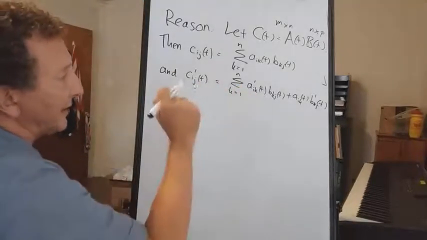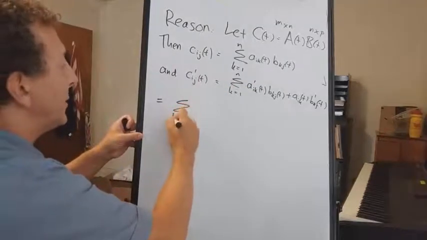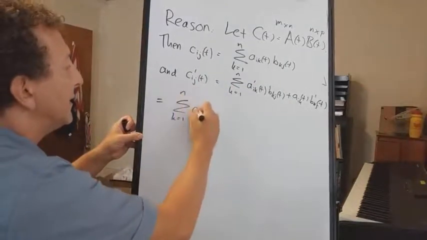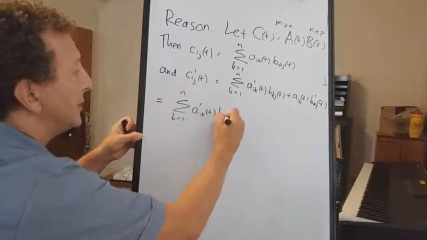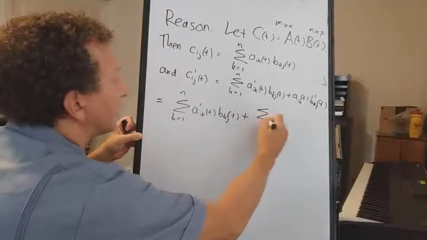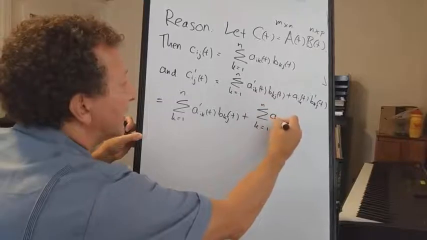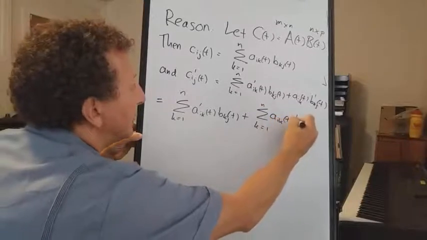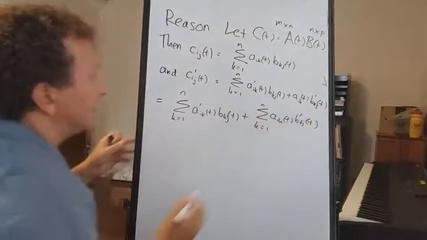Now we're just adding things, so I can write this summation twice. I can write the sum as k goes from 1 to n, a prime ik of t, b kj of t, plus the sum as k goes from 1 to n, a ik of t, b prime kj of t.